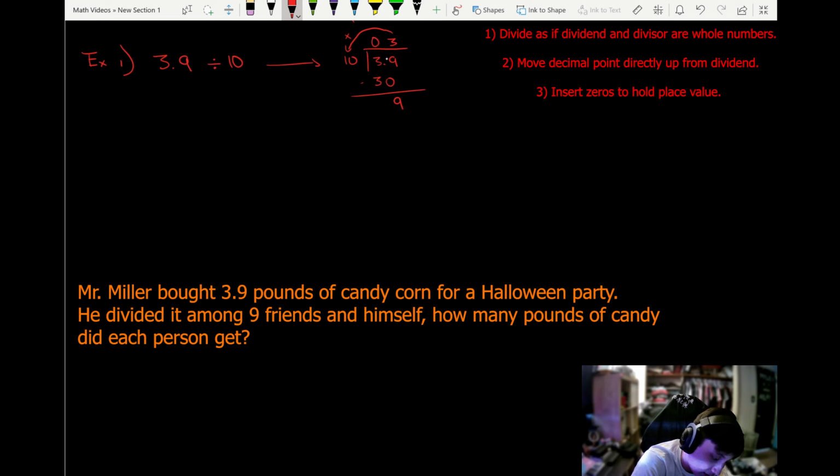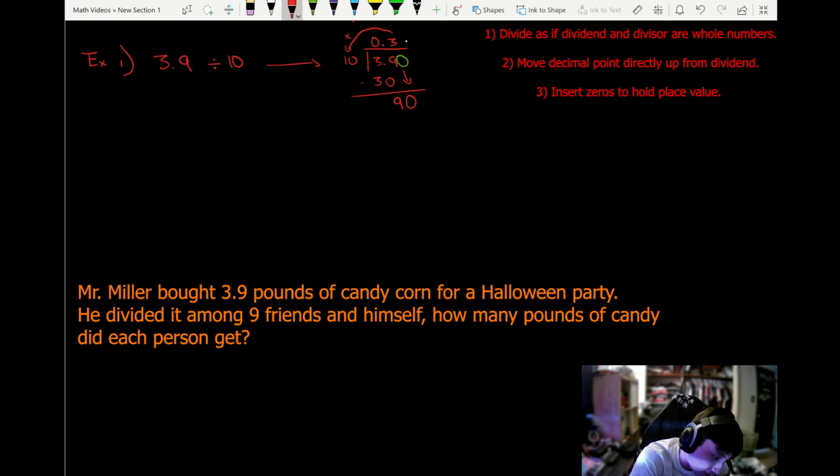And then we can bring that decimal point straight up from the dividend, right there. But we have a 9 here, and we want that to be a 0. So we can actually insert zeros into the dividend like this. I'm going to write it in green so you see. And then drag it down. Then we ask, how many times does 10 go into 90?